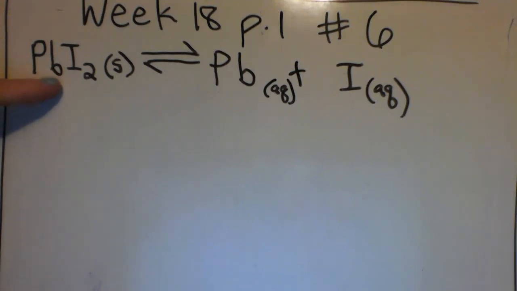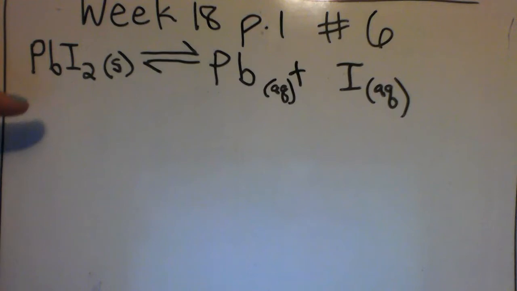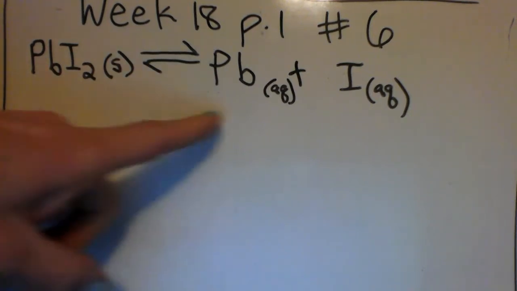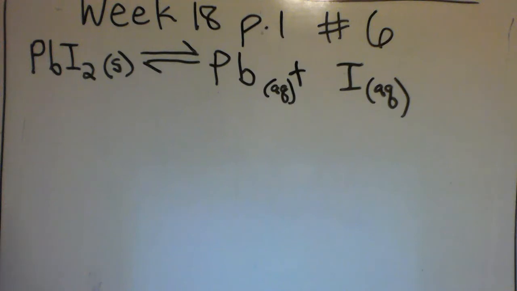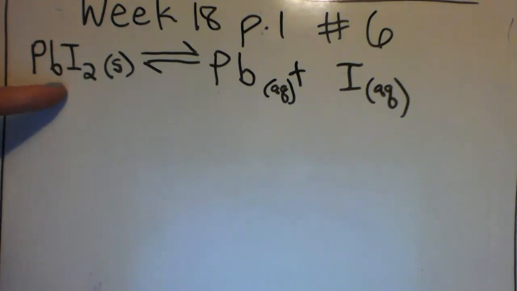We start by writing the solid on the left-hand side. The solid is the reactant. It's going to separate into ions when it enters a solution. If we look at the molecular formula for the solid, we see that there's 1 part lead and 2 parts iodine, or 2 atoms of iodine for every 1 atom of lead.